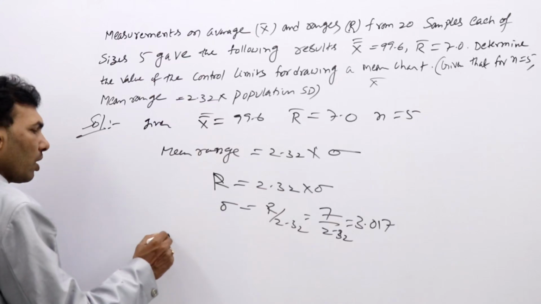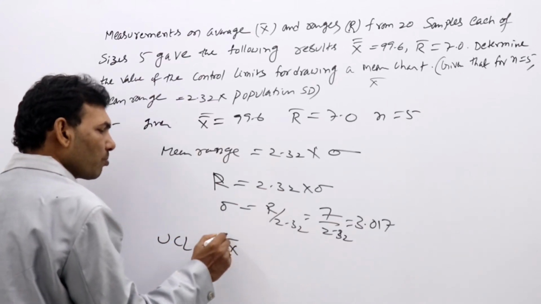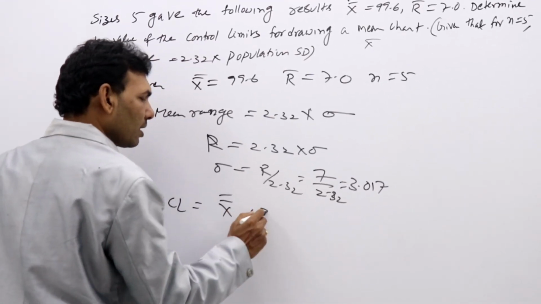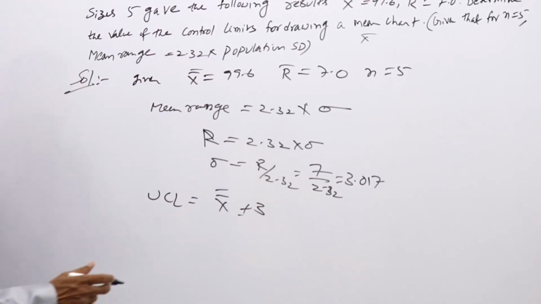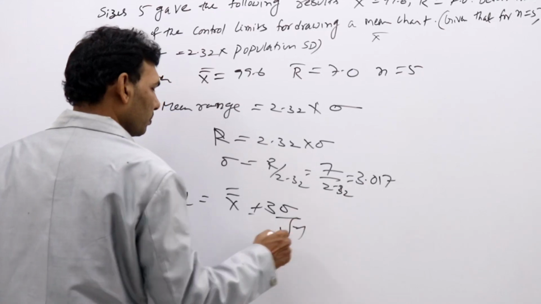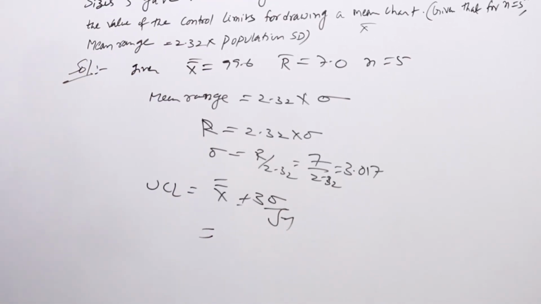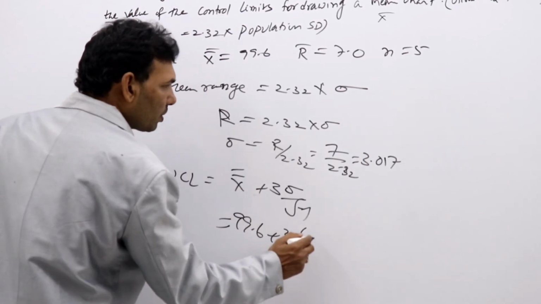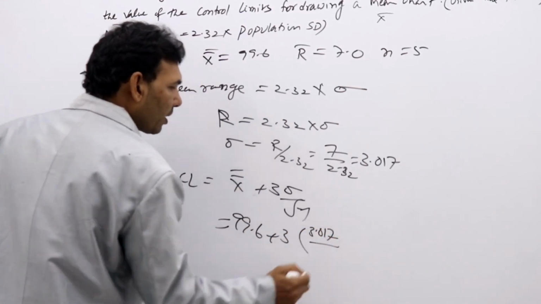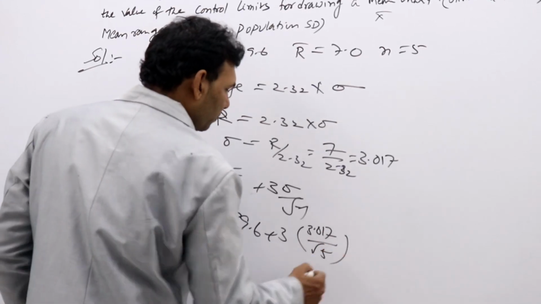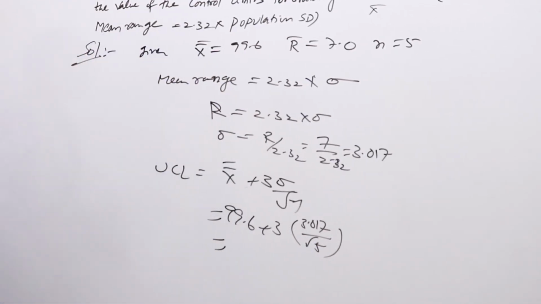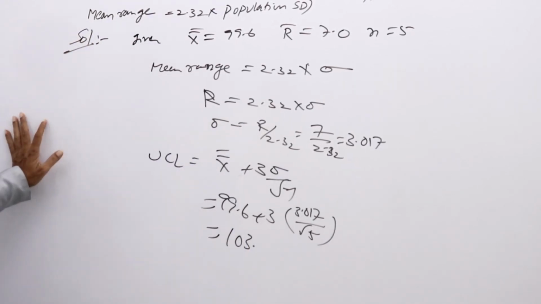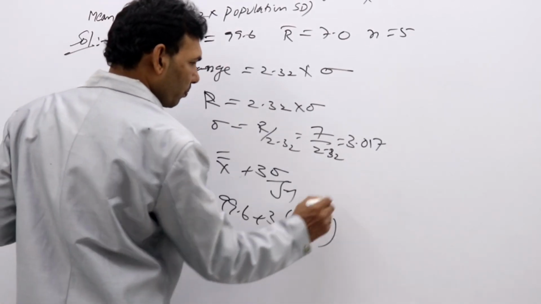Now, the upper control line has the formula of 3 sigma limits. X double bar plus 3 into sigma by root n. So X double bar 99.6 plus 3 into sigma 3.017 by root 5. If you calculate, use your calculator, you will get the upper control line 103.64.